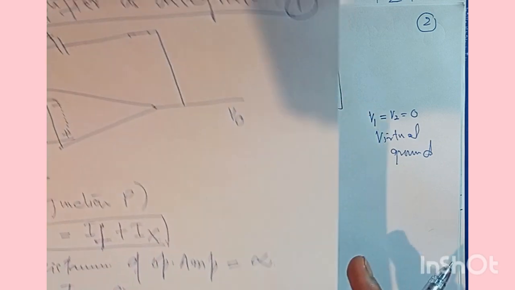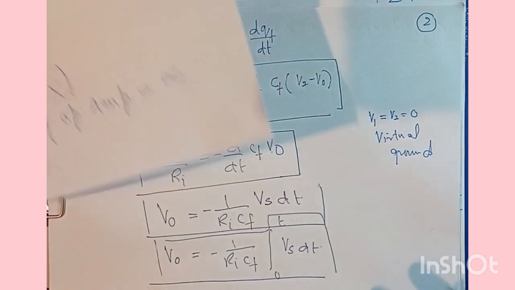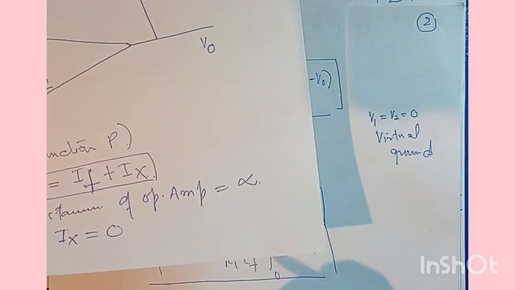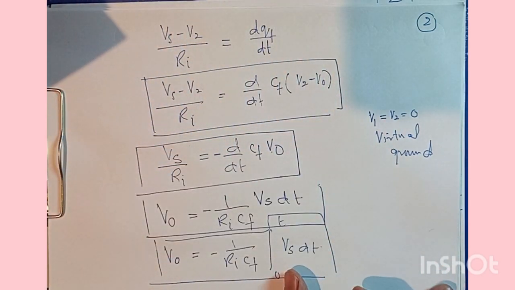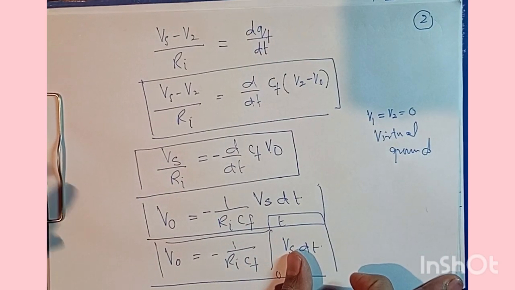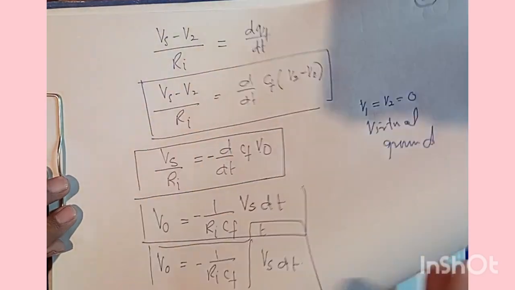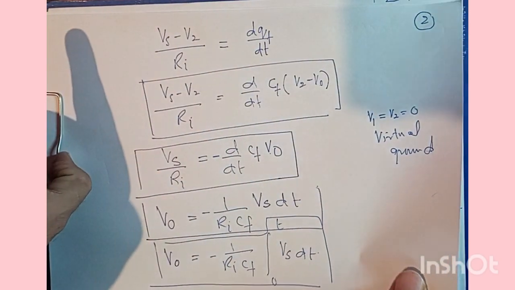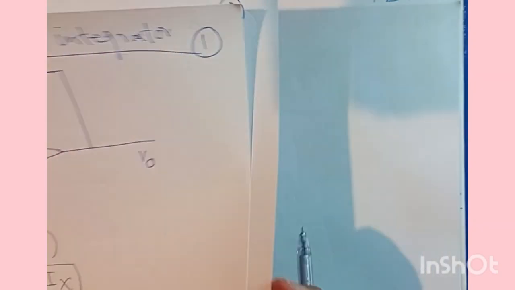So here we are able to understand how we can make use of an operational amplifier to act as an integrator, where a signal that's subjected to this operational amplifier can be integrated.